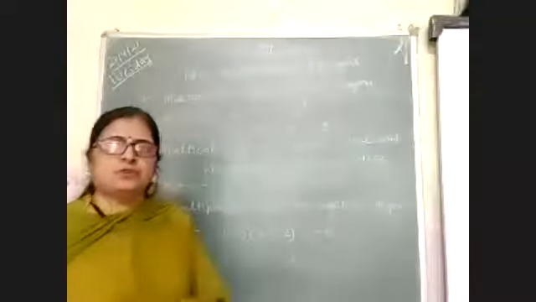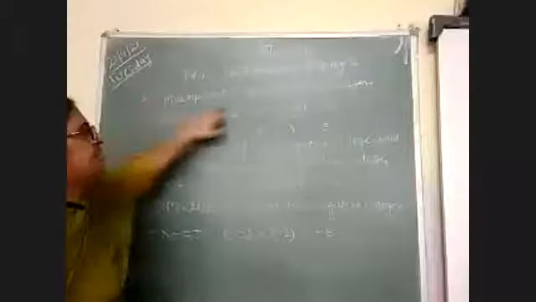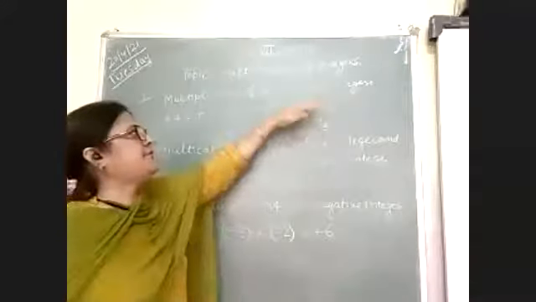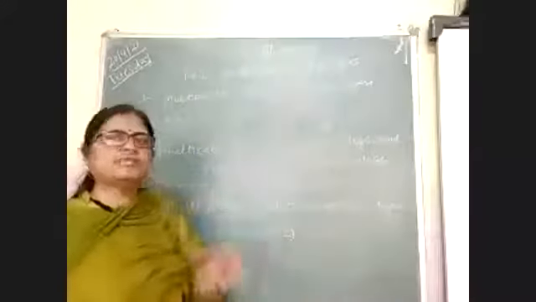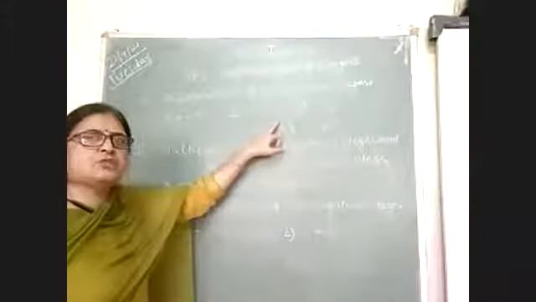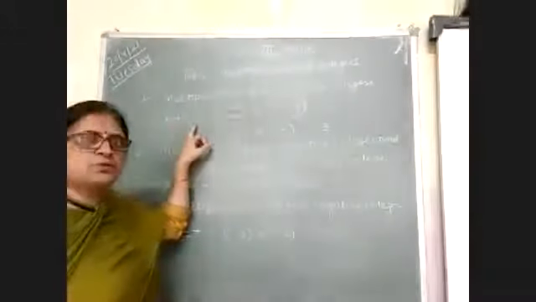So first I repeat this. First case, multiplication of two positive integers: the first one is positive, the second one is positive, and positive multiplied by positive gives a positive result.